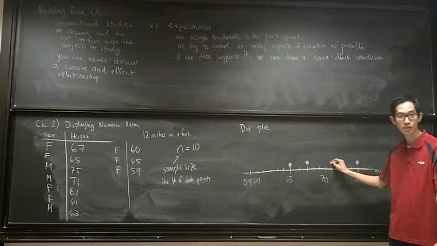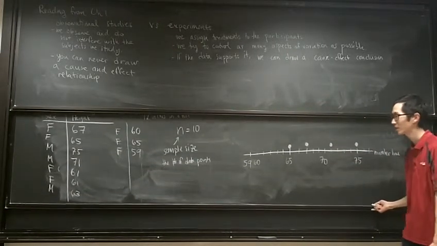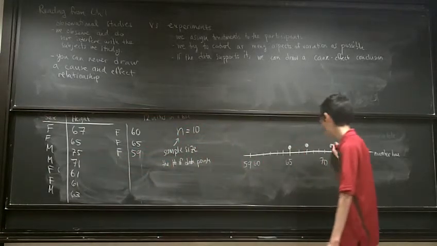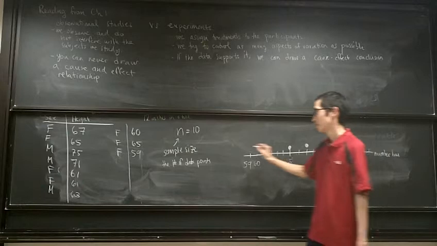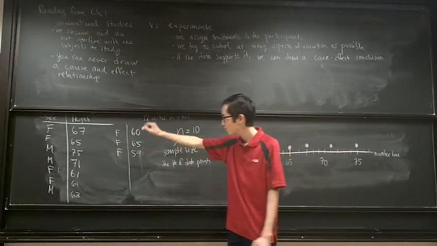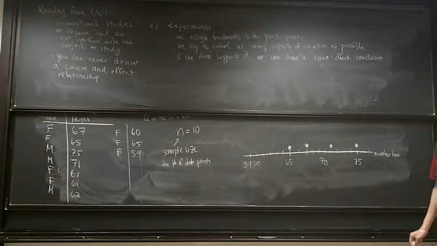Am I putting these dots on too quickly? We're okay? Okay, so here's a male 71 inches, so I put his dot right there. And here's a female 61. So see if you can put the other 6 dots on your own.